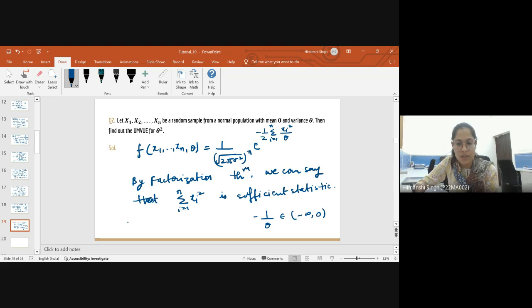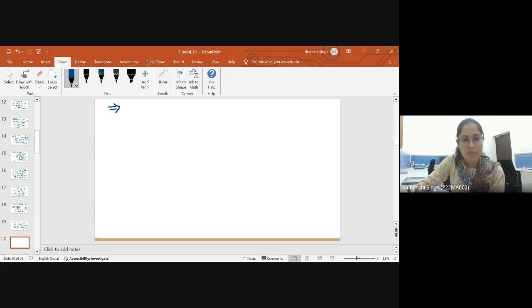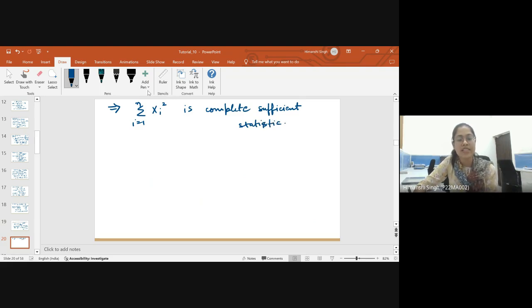Which implies that summation xi square, i going from 1 to n, or I can write it as capital Xi square, is a complete sufficient statistic.